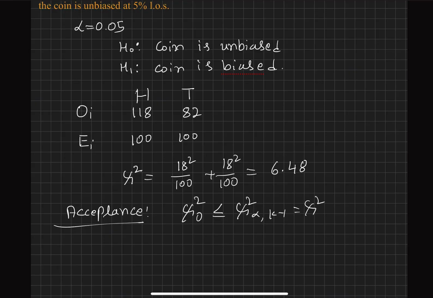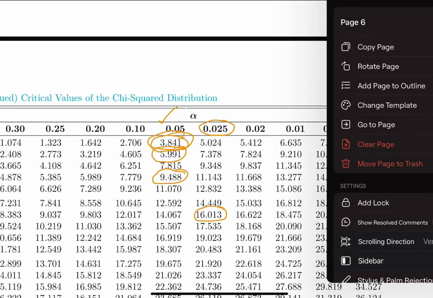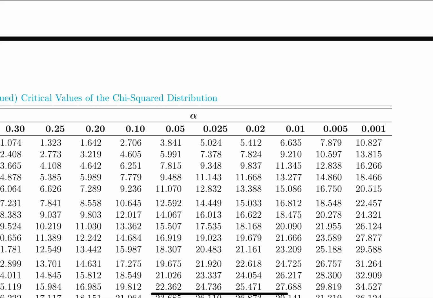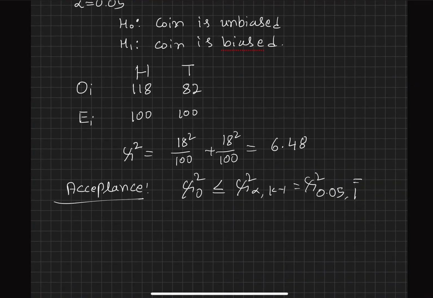Here alpha is 0.05 and k minus 1 is 1, and we can get this value from the table, this value is 3.841. 3.841 is the acceptance region. Any value less than 3.841 will be in the acceptance region.